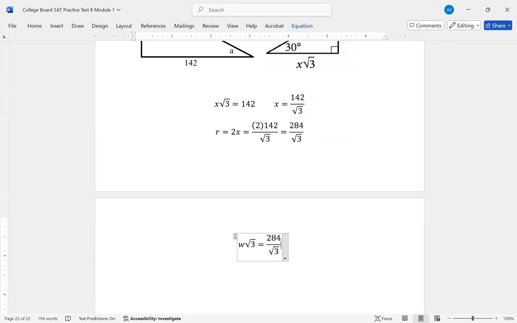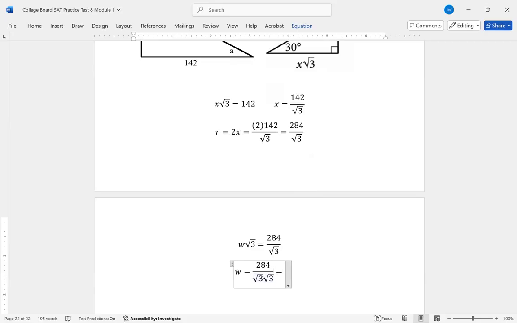To find w, I could do this a couple of different ways, but what I'm going to do is divide by the square root of 3. W is equal to 284 divided by the square root of 3 times another square root of 3. By the way, the square root of 3 times another square root of 3 is just 3.